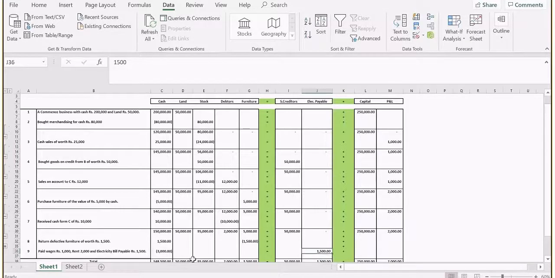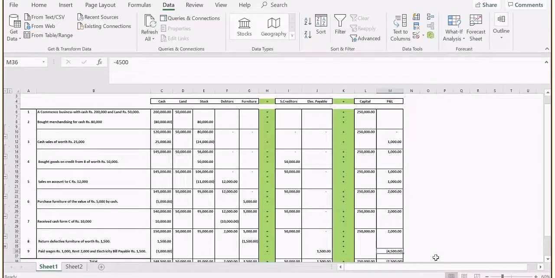And then, as I said, all these three items are P&L items: 1,000, 2,000, 3,000, and then 1,500, which is 4,500. So this P&L item is 4,500 negative because these are expenses which will reduce the profitability.